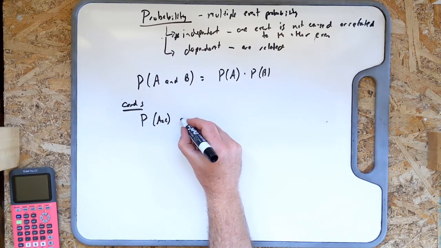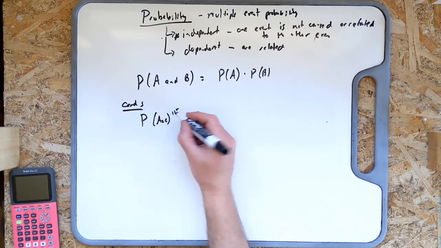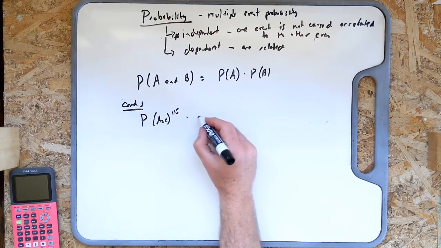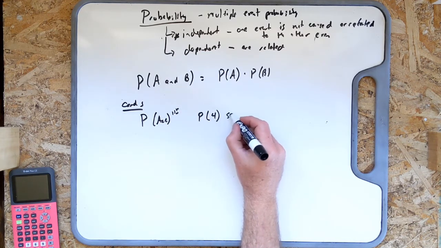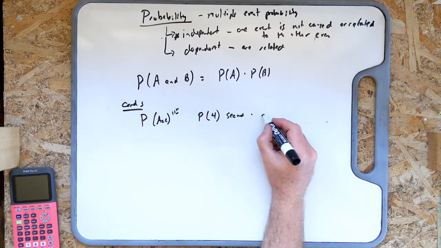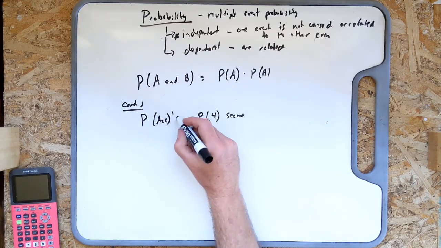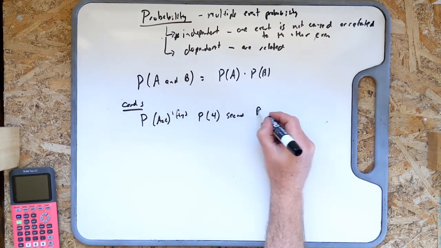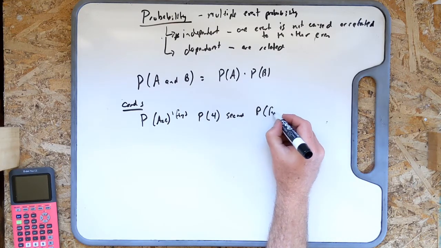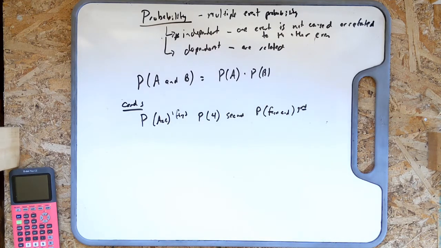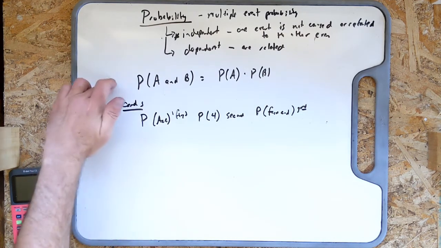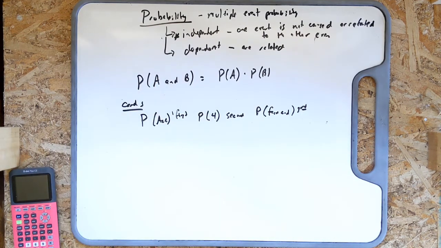The next time, first putting the ace back, then the second time, the probability of getting a 4, and then a probability of getting, let's say, a face card, third. Now I didn't do 3 events this time, but all you have to do is multiply these 3 probabilities together to get the probability of that occurring, which is going to be very small, by the way.